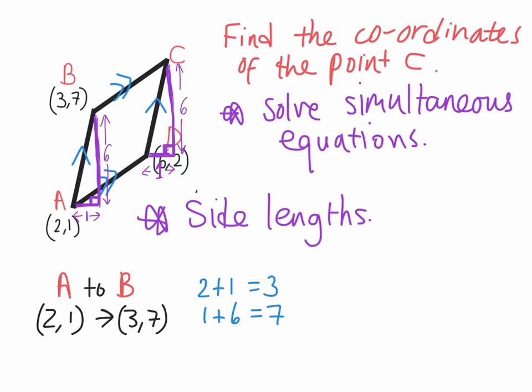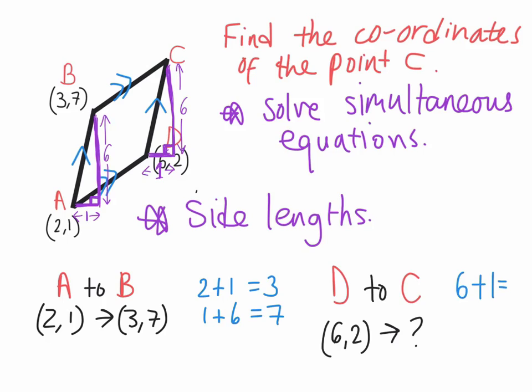So I've just written that down. And then to get from D to C, we can do basically the same thing. So to get from 6 to a question mark, we have to add 1 to the x coordinate, and we have to add 6 to the y coordinate.